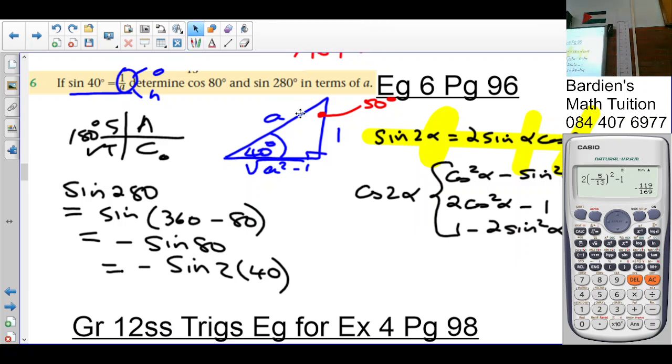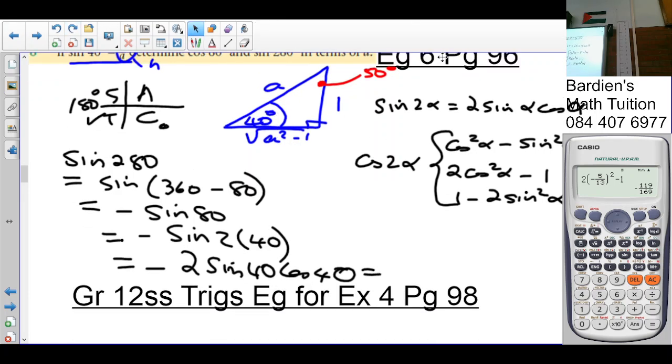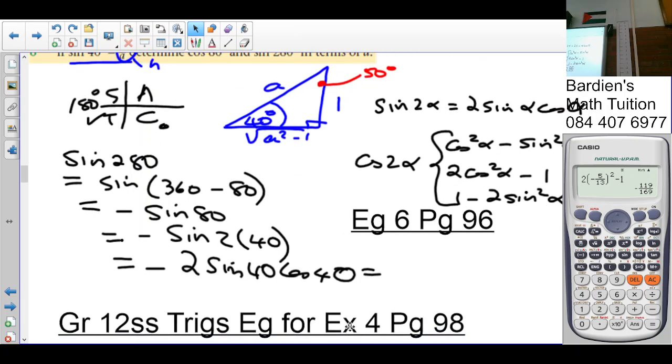This is why it's so easy, trigonometry, because it makes sense to everybody. So what would that be, people? That would be negative 2 sine 40 cos 40. You all understand? But now sine of 40 is what? 1 over a. Sine of 40 is from this diagram. It's 1 over a.